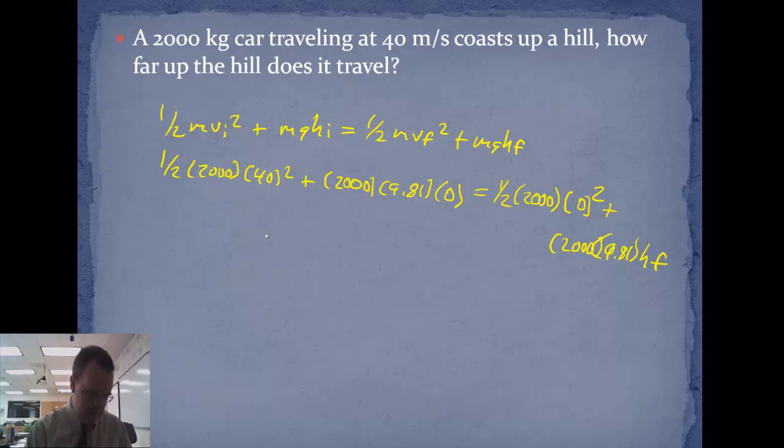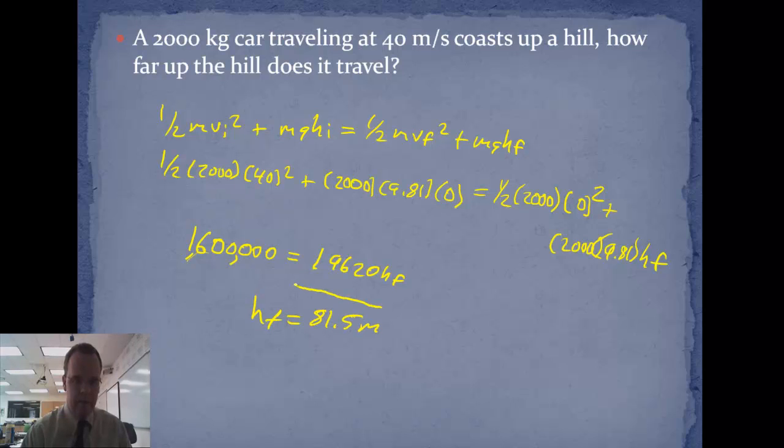So 40 squared times 2,000 times 1/2 is 160,000. So 1.6 million equals 19,620 times h final. Divide both sides by 19,620. We get final height 81.5 meters.